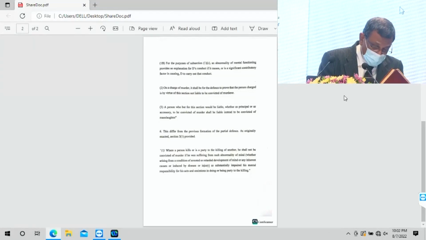Assuming that the jury are satisfied on the balance of probabilities that the accused was suffering from abnormality of mind from one of the causes specified in the parenthesis of this subsection, the crucial question nevertheless arises: was the abnormality such as substantially impaired his mental responsibility for his acts in doing or being a party to the killing? This is a question of degree and essentially one for the jury.